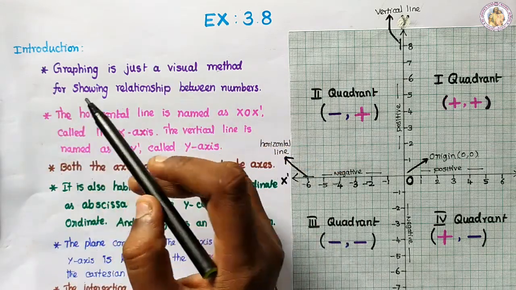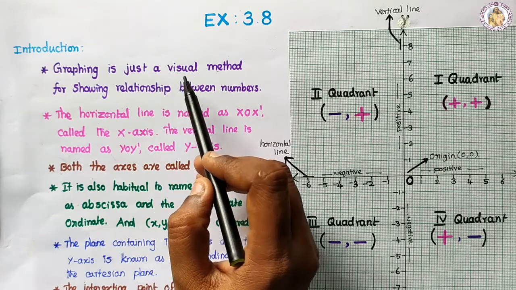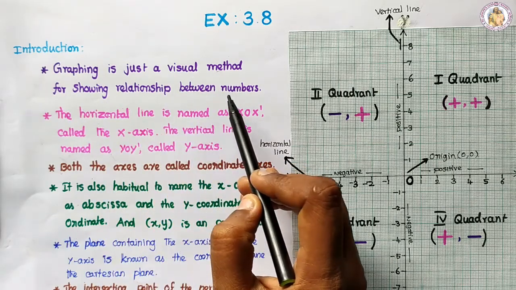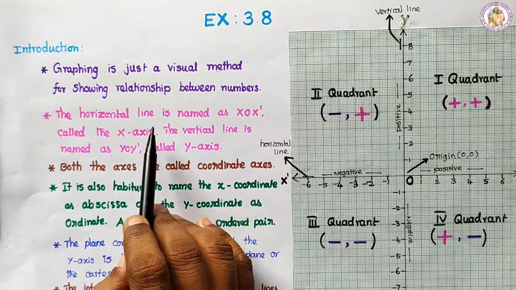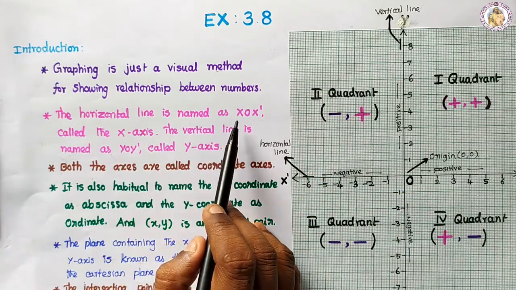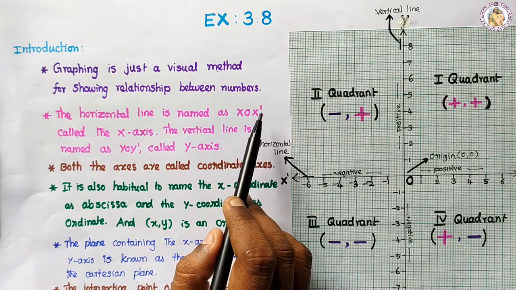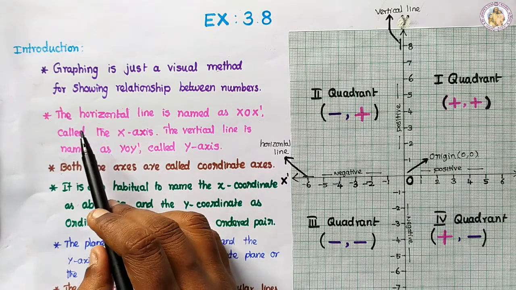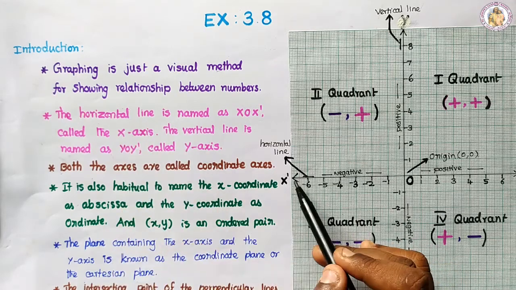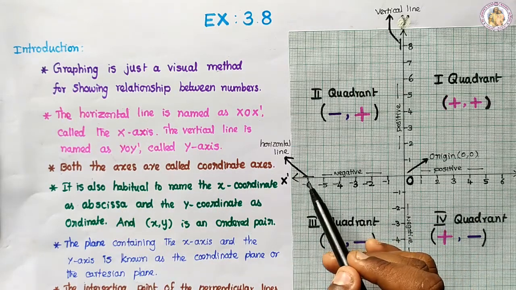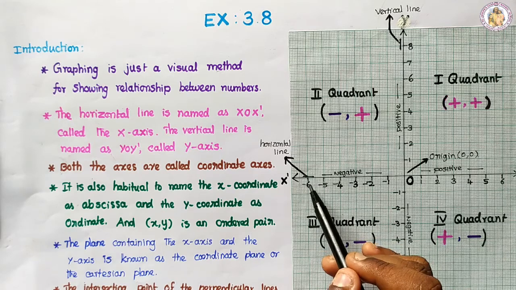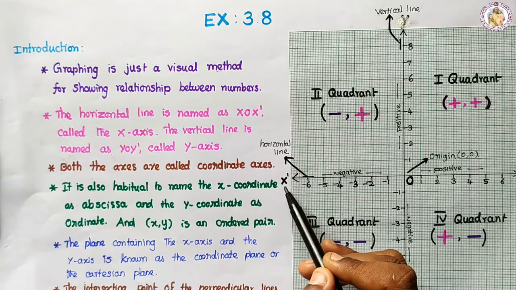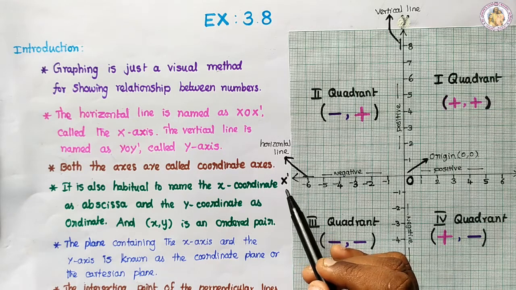Graphing is just a visual method for showing the relationship between numbers. The horizontal line is named as X dash, called the x-axis.